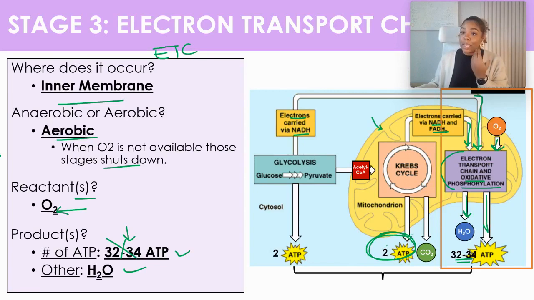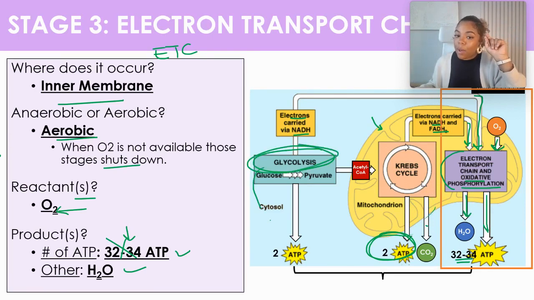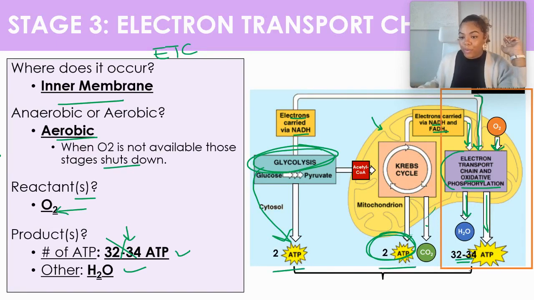So oxygen being available to the organism is really important for us getting the most ATP. And then if oxygen wasn't available, would we still get energy? Yes, we would. We would get it through glycolysis, but we will only get 2 ATP and not the 36 to 38 ATP that we can get when we combine all three of these stages.